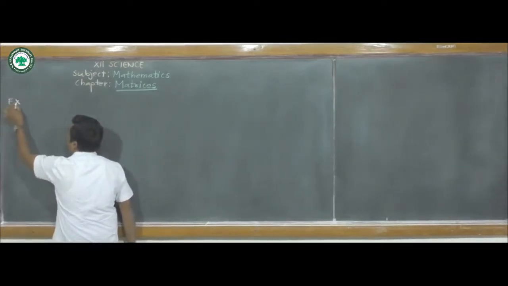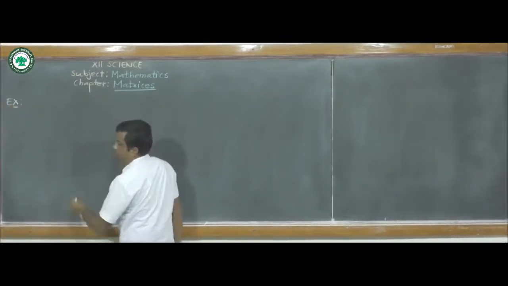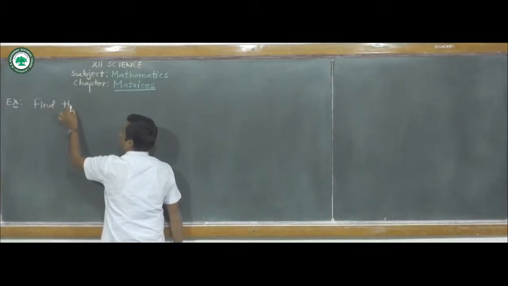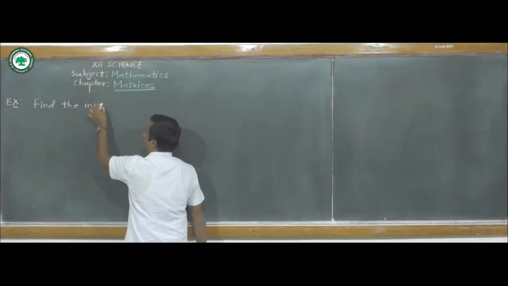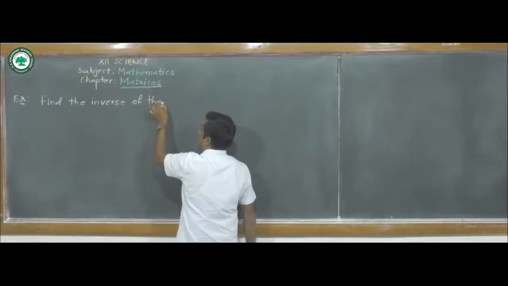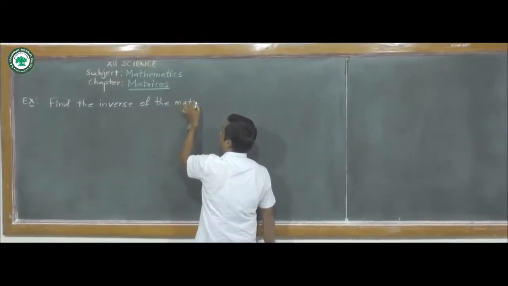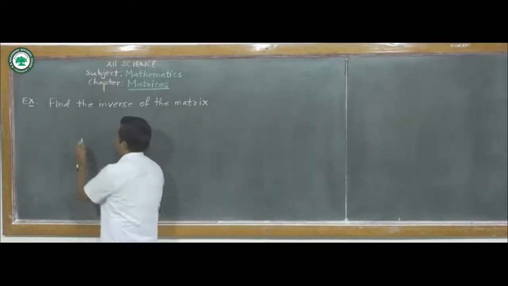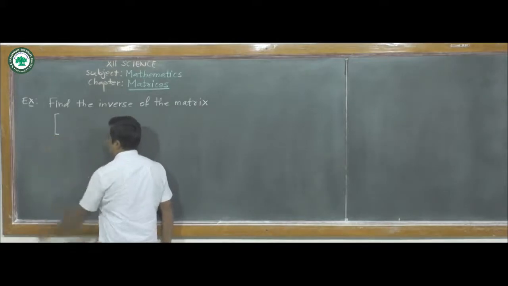Here in example, we consider find the inverse of the matrix. Here given matrix is having two rows.